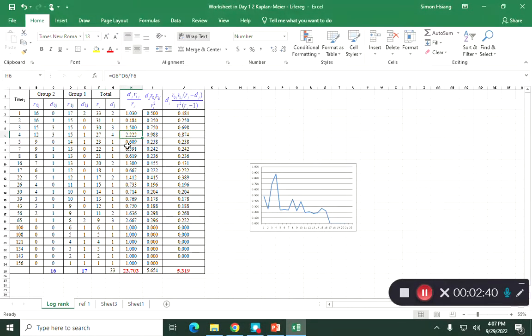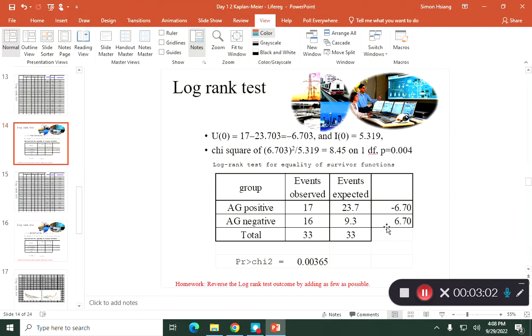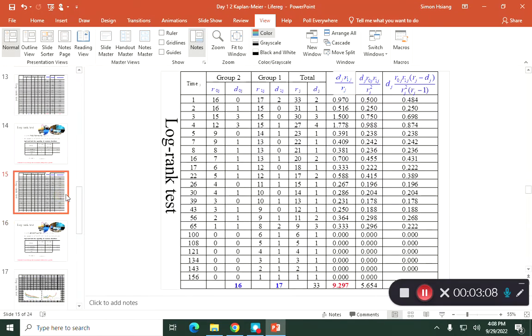So I did this using group 1, and then the variation is used to calculate the variance, okay? The variance is kind of like the P1 square, P2 square.